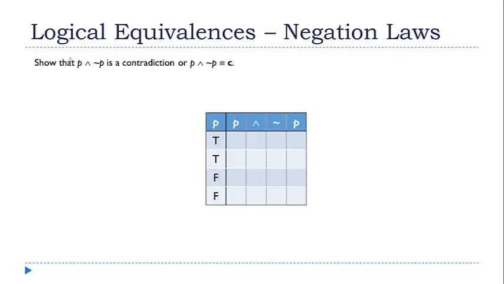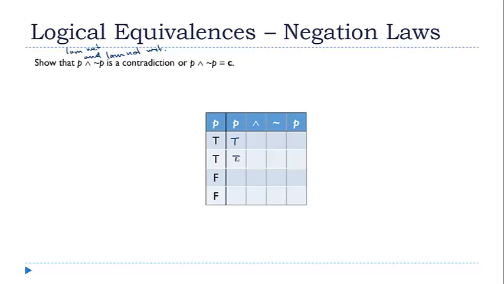If I wanted to use the same I am wet analogy, this would be I am wet, and the opposite of the first statement, I am not wet. Clearly, both of those can never be true at the same time, so this would be a statement that's always false. So let's take a look at how the truth table works out.